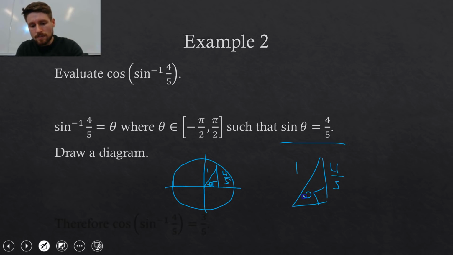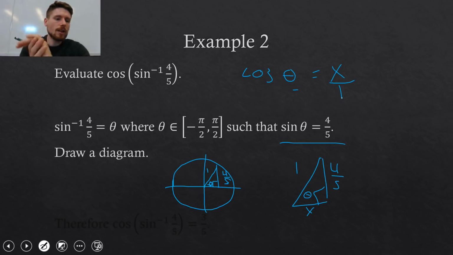Here's theta. Cosine of theta is x over 1 from that diagram. And so to find x, we just use the Pythagorean theorem.